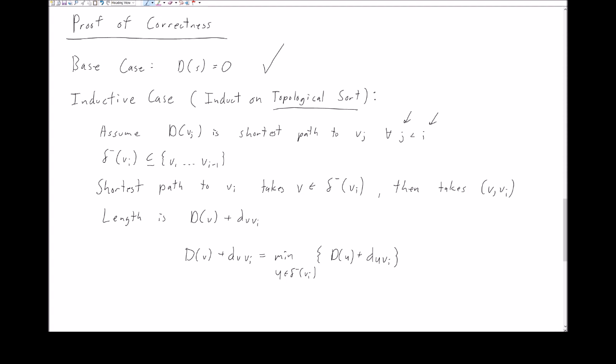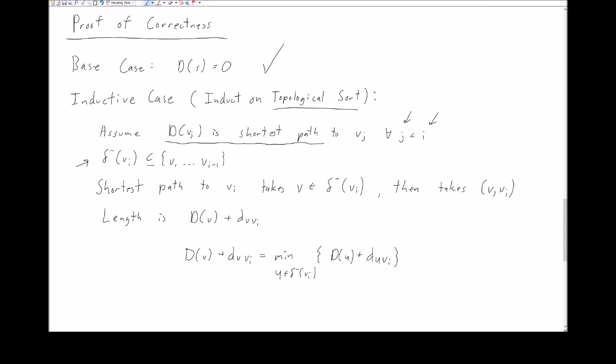In this case, assuming that the claim is true says that the shortest path from S to V_j is contained in D of V_j. Then we note that delta minus of V_i, that is this index i we're looking at, is a subset of all of the subproblems that we've already computed. We have D of V_j computed for all of these nodes in delta minus.